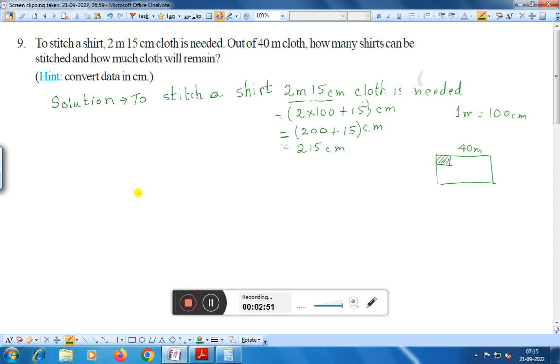That means length of cloth is equal to 40 meter. That is 40 into 100 centimeter. That is 4000 centimeter.